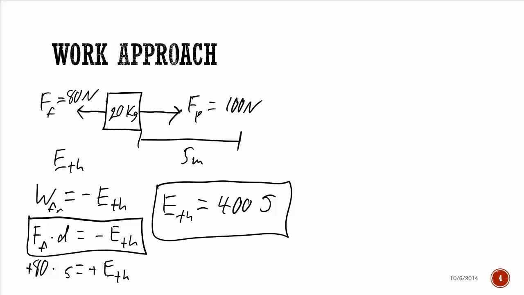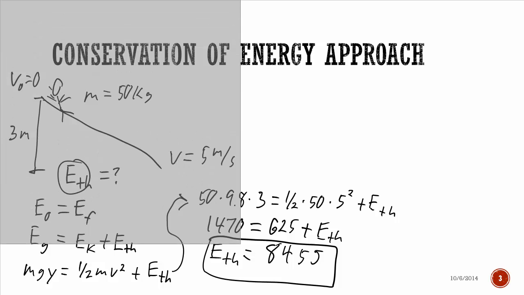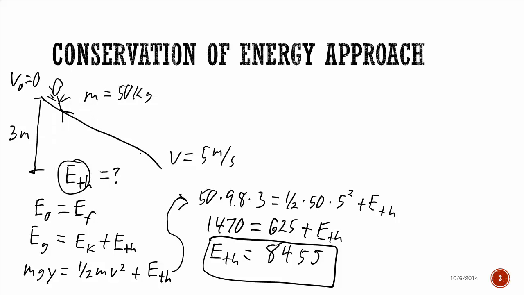Let's jump back to our stick child on the slide. If we wanted to figure out what was the friction force acting on this child as they slid down, we would need, sorry about that, we would need one additional piece of information, the angle of the slide. So let's say this is a 40-degree slide.